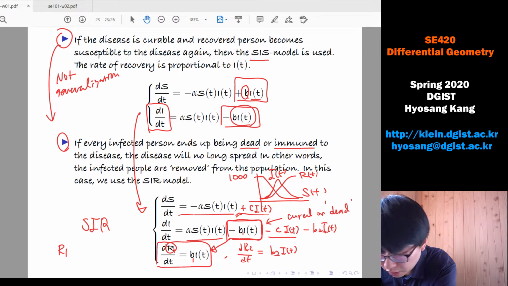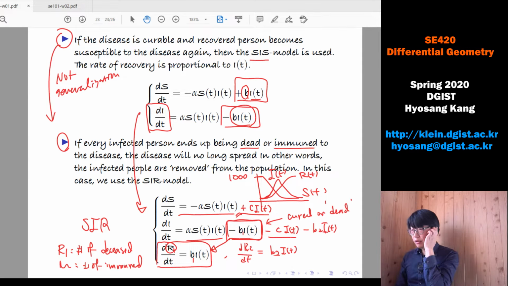So R1 is the number of deceased, and R2 is the number of immune.